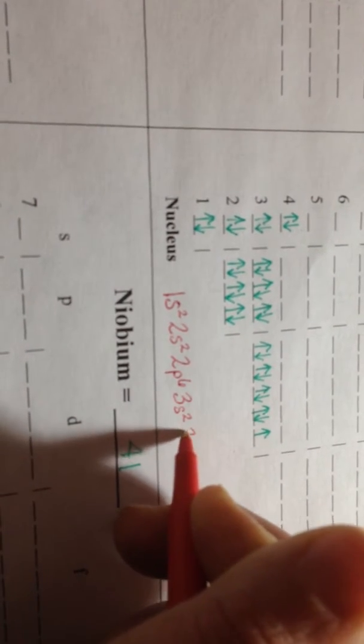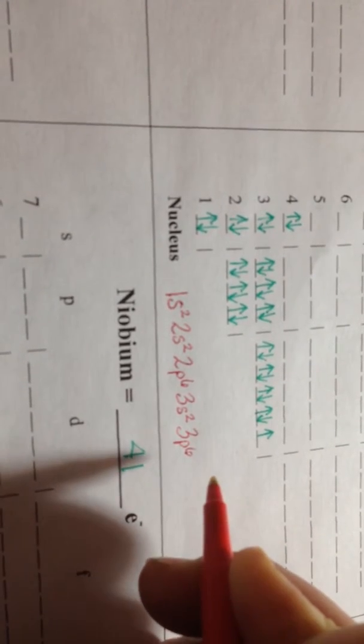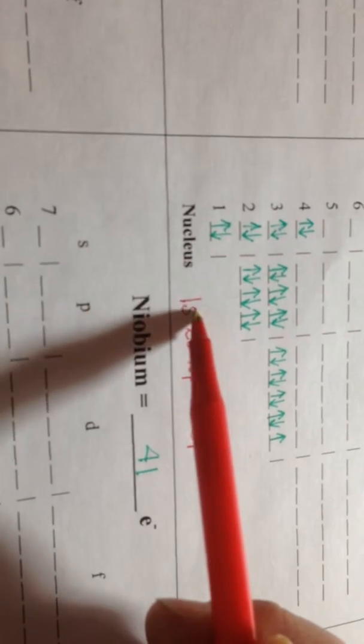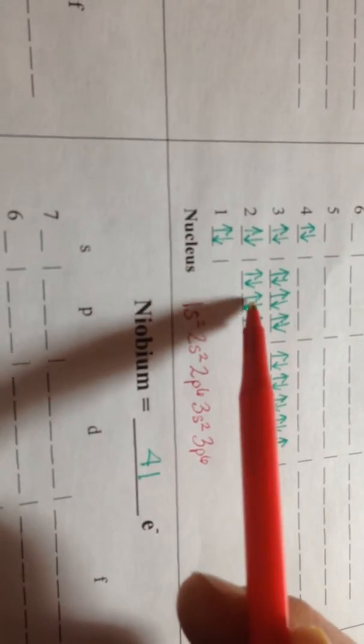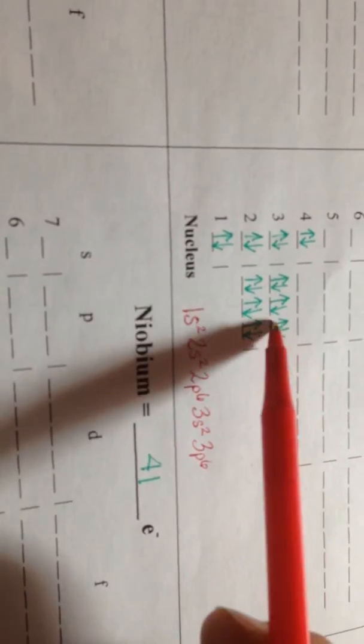After 3s is 3p, and there are 6 electrons in that level. So I've done 1s2, 2s2, 2p6, 3s2, 3p6.